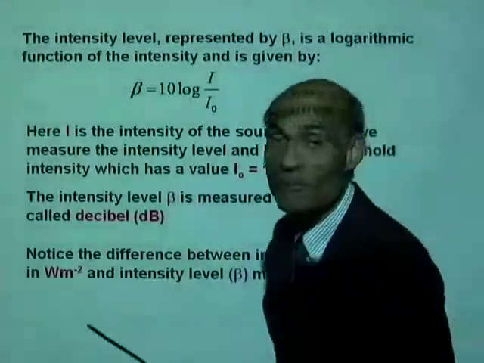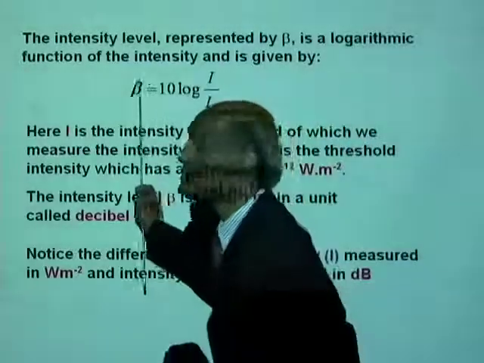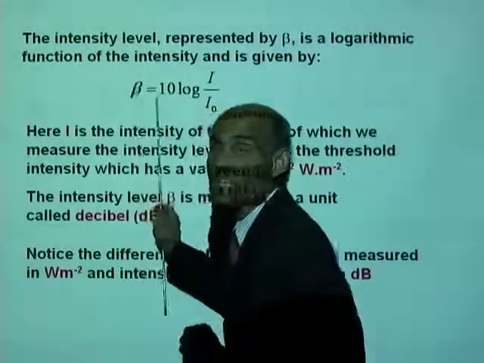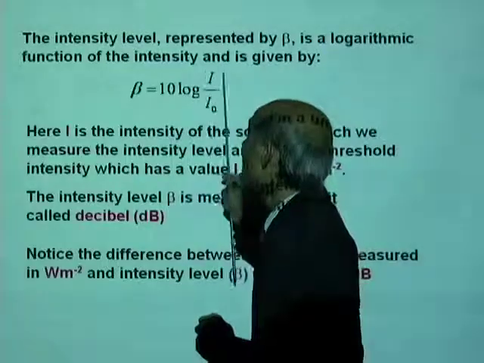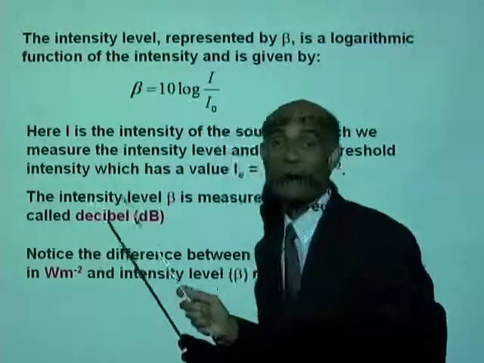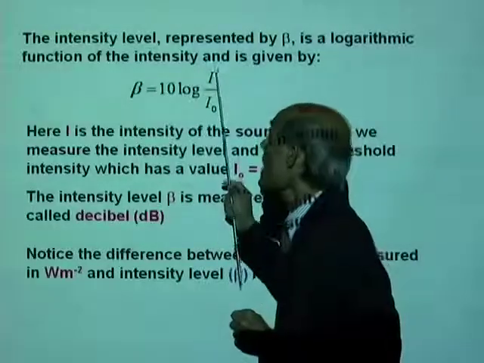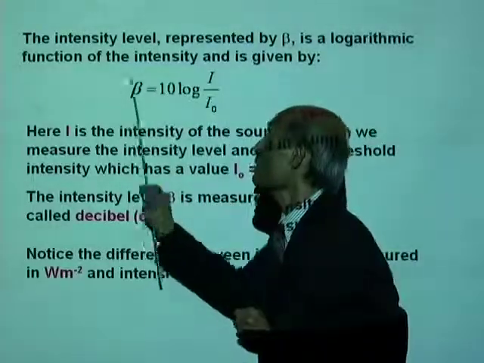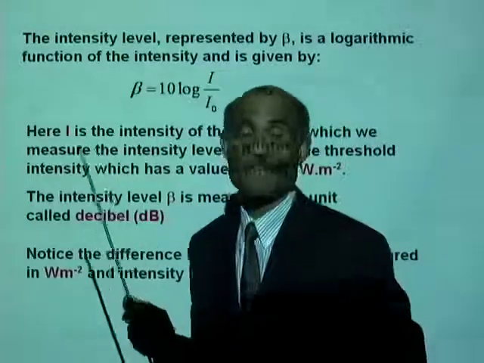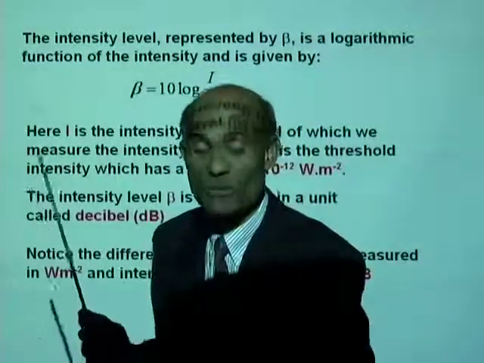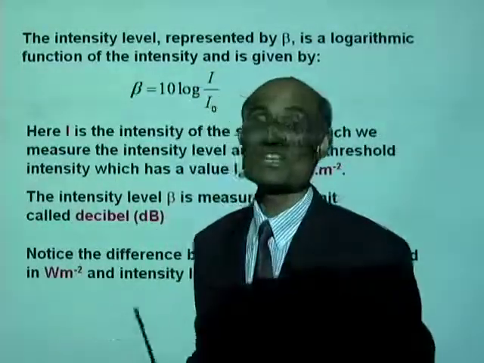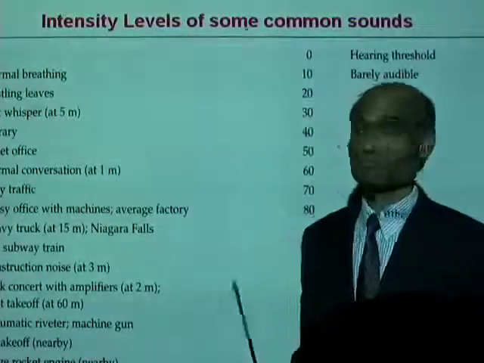They are not the same, although the intensity level beta is determined by the intensity I. Beta equal to 10 log I divided by I0. That's an important equation that connects the intensity level and the intensity of a sound.